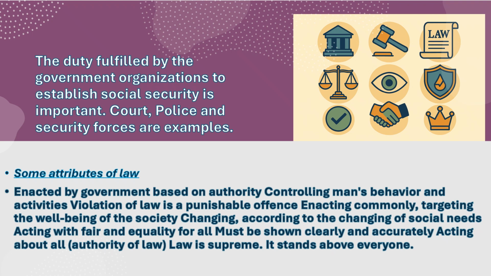Violation of law is a punishable offense, enacted commonly, targeting the well-being of society, changing according to the changing of social needs, acting with fairness and equality for all, must be shown clearly and accurately by acting about all, also known as authority of law. Law is supreme. It stands above everyone.